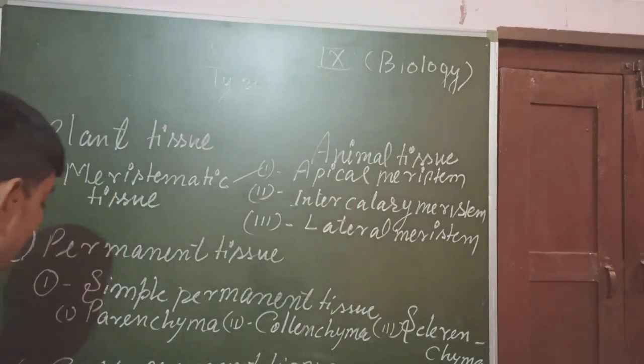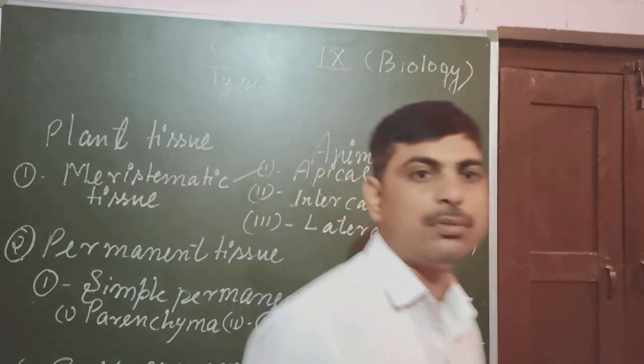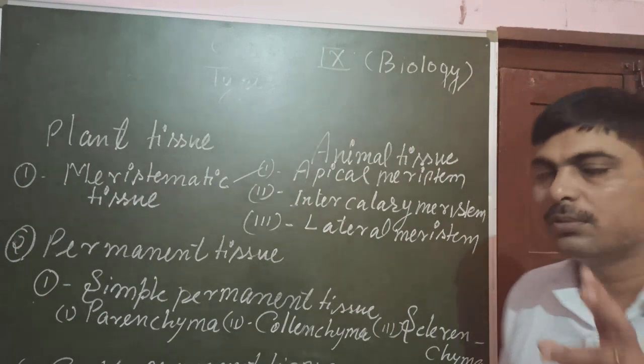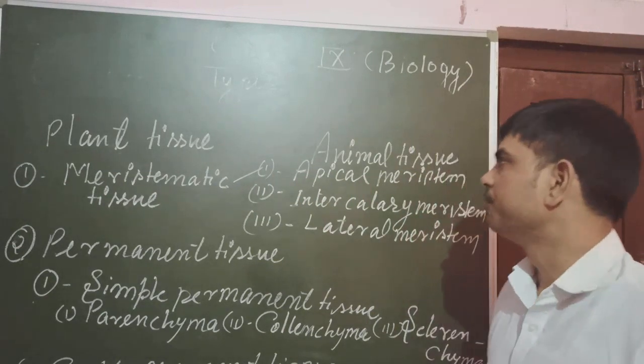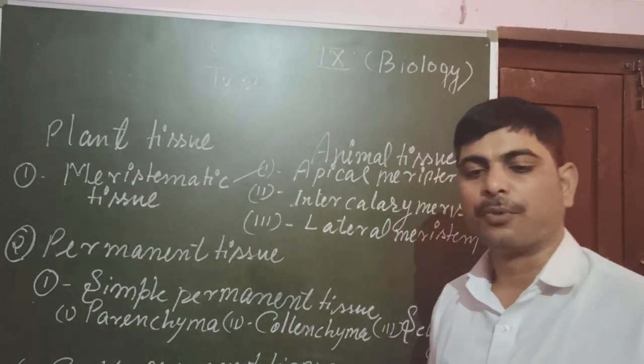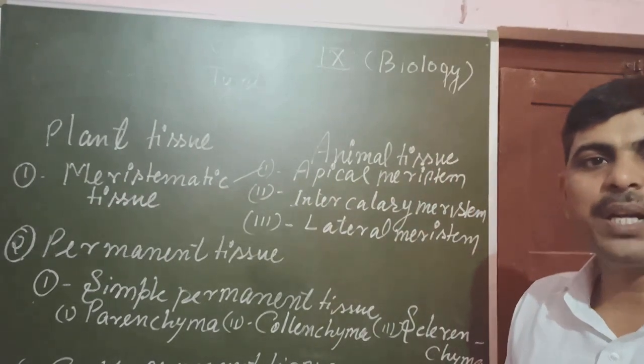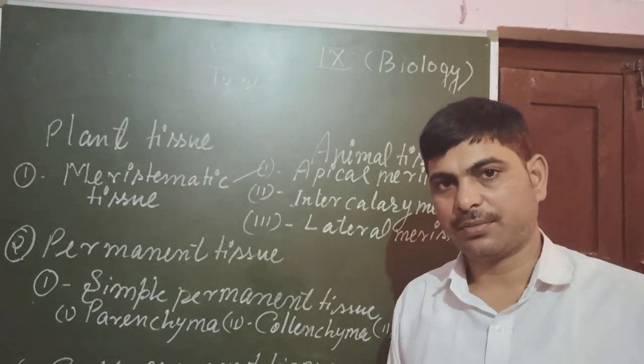Okay, this complex permanent tissue can also be divided into xylem and phloem. Okay, in which xylem and phloem each are made up of 4 types of cells.